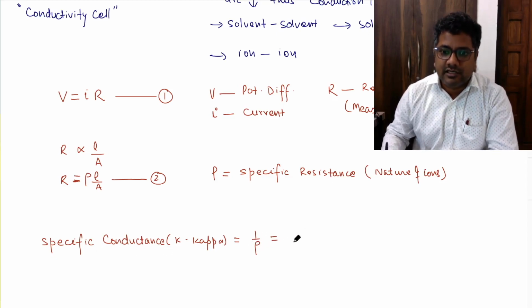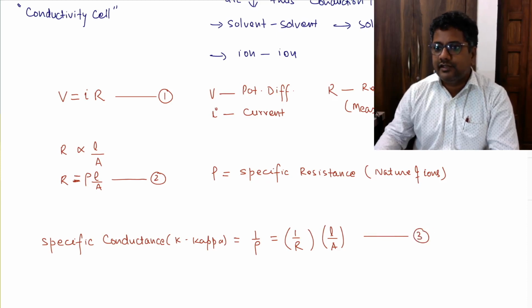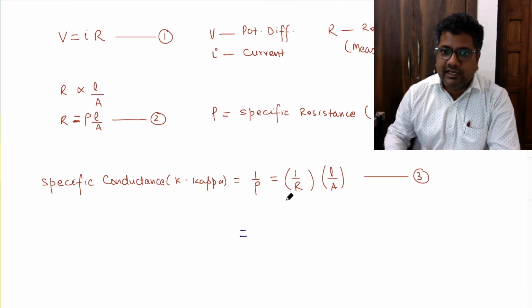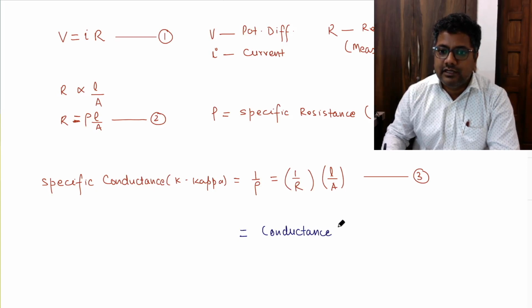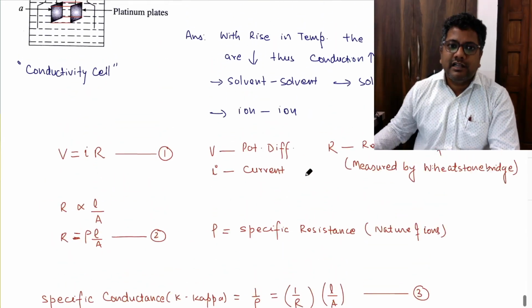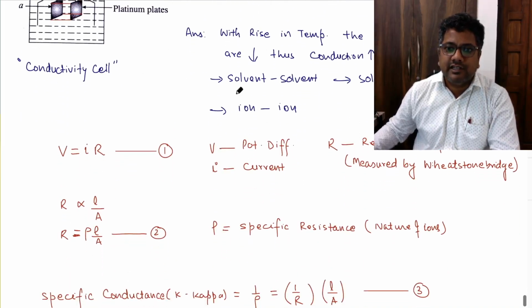So 1 by rho we can write as 1 by R into L by A. So this is equation 3, a very important equation for us. 1 by R is called conductance, usually written as G. L is the distance between the two electrodes, and A is the cross-section area of the electrode.